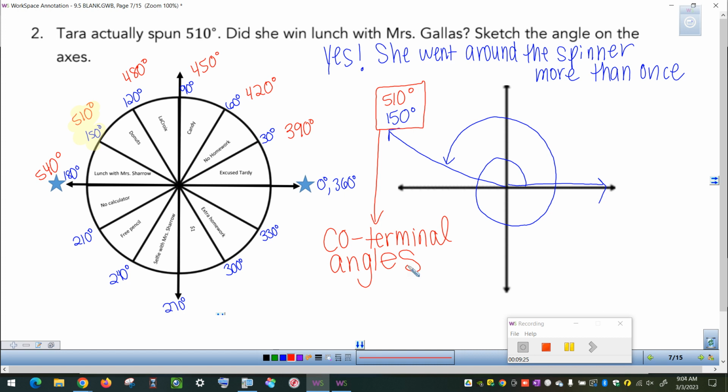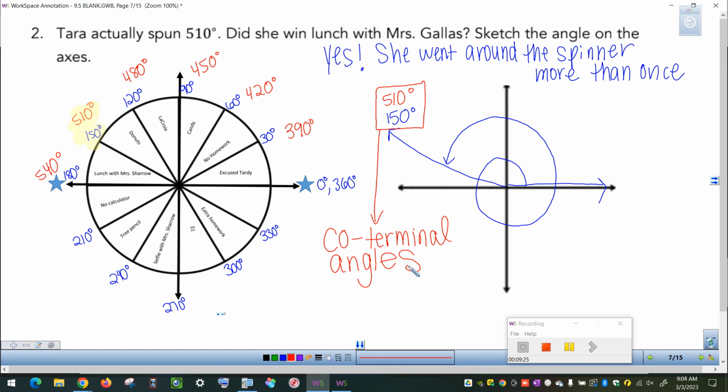Now, I want us to think about, okay, so how could we generally find the measure of a coterminal angle? So I'm going to bring my purple ruler back over here. I'm going to put it on the terminal side. I want you to think about this being the measure of 150. Now I want you to watch how far the ruler is traveling to get back to the same position.